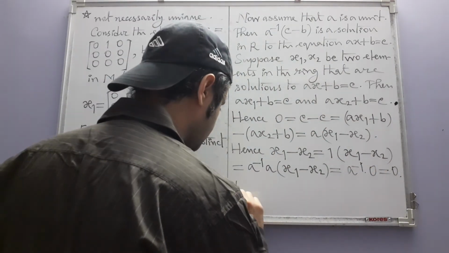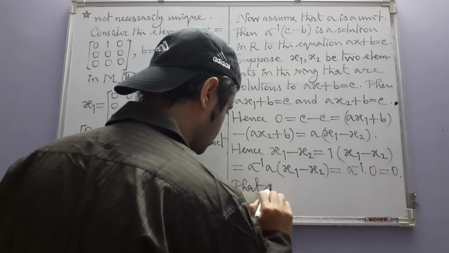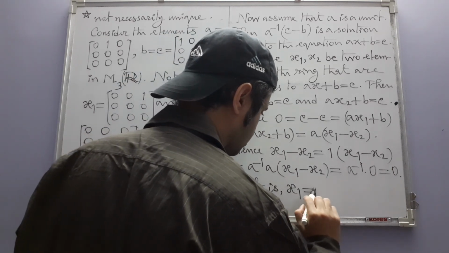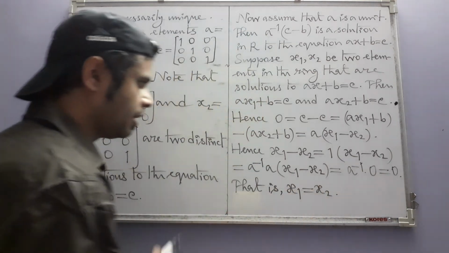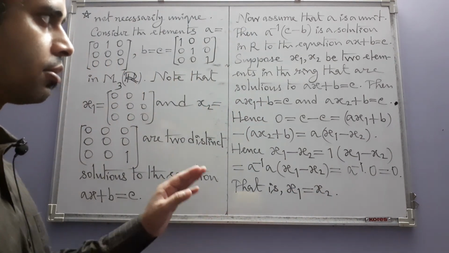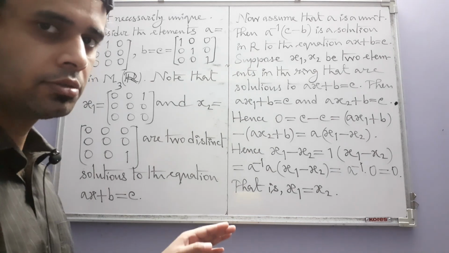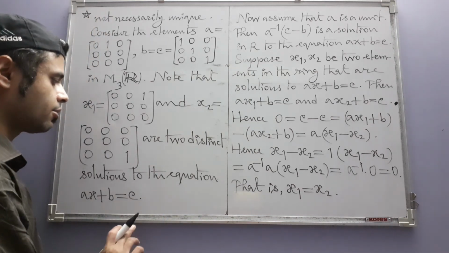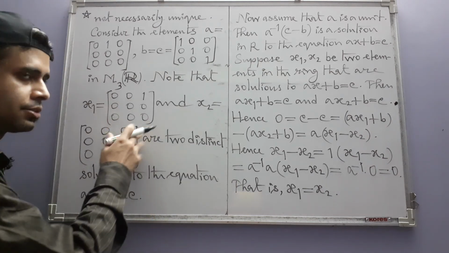That is, x1 is equal to x2. So if A is a unit, not only does the equation have a solution, but it has a unique solution. Okay, and that is not guaranteed if A is not a unit, as we have seen.